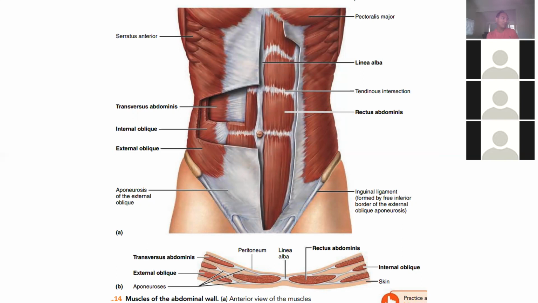From the arcuate line upward, all the muscles split and envelope the rectus. But below the arcuate line, which is the midpoint between the umbilicus and the pubic symphysis, these three layers do not enclose the rectus.